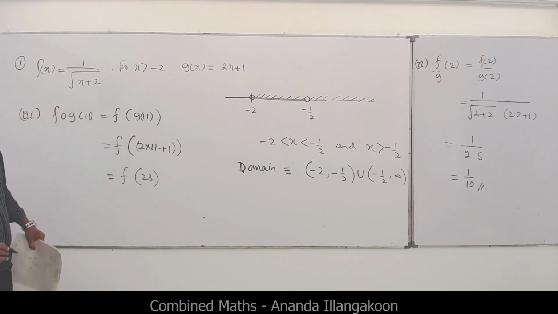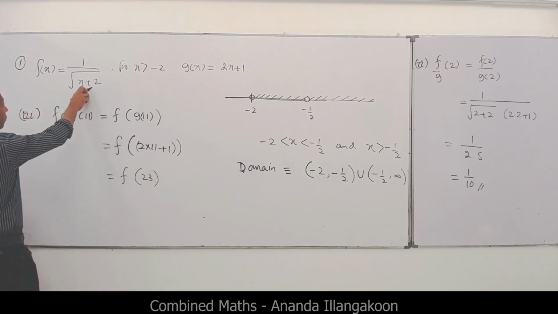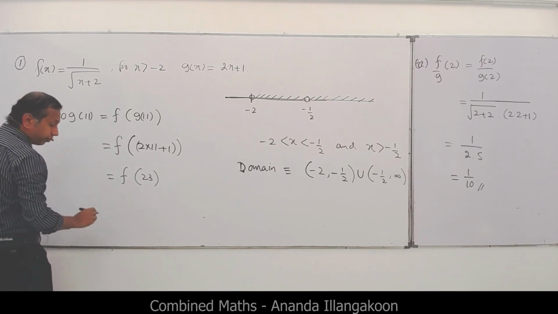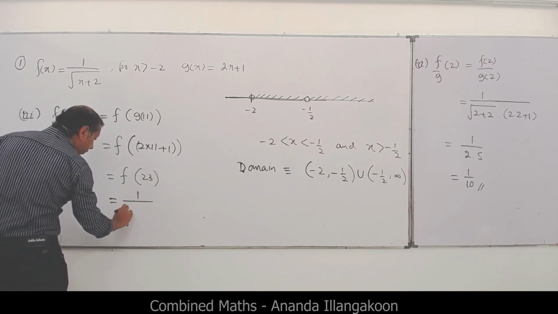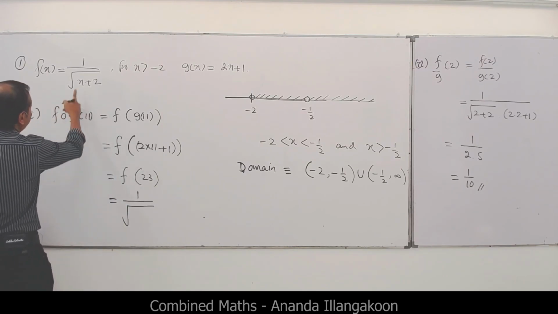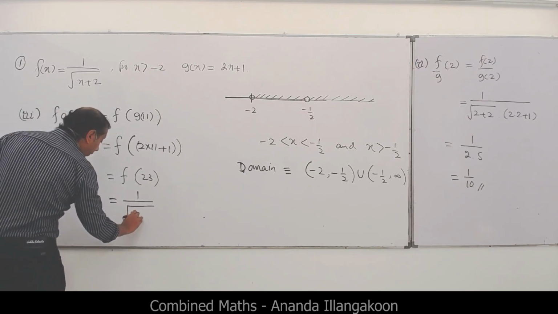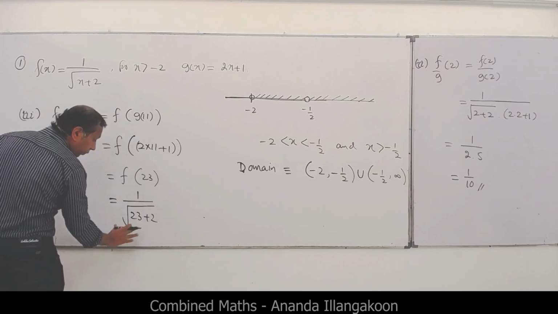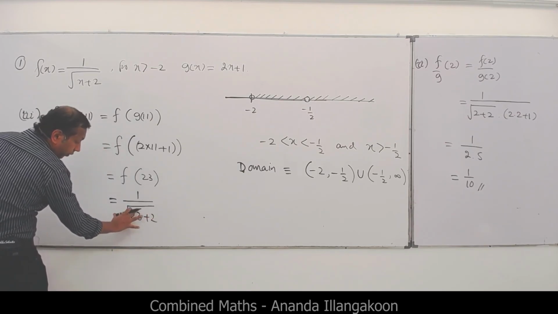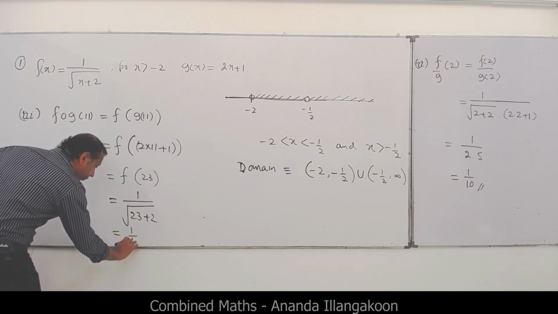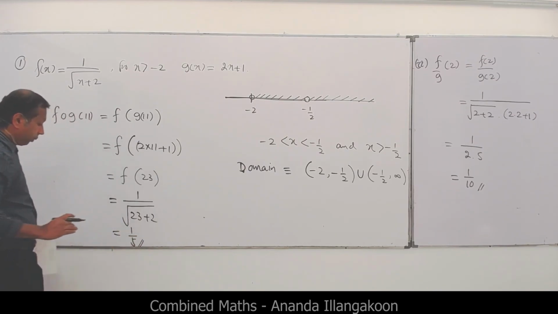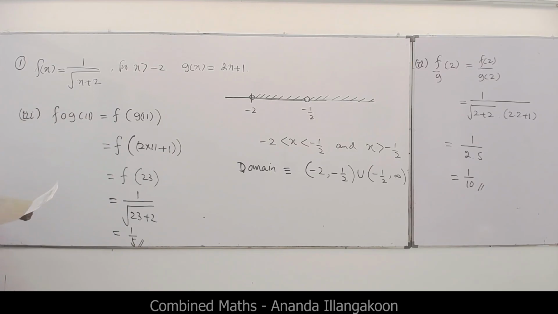To find f(23), put x as 23: 1 over square root of 23 plus 2. This is 25. Root 25 is 5, so 1 over 5. So this is the f of g of 11 that we got.